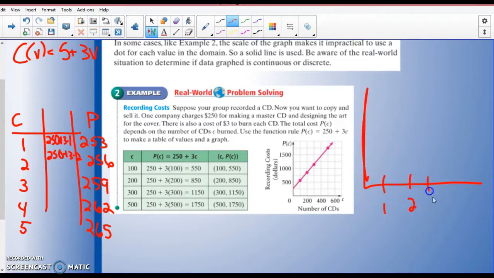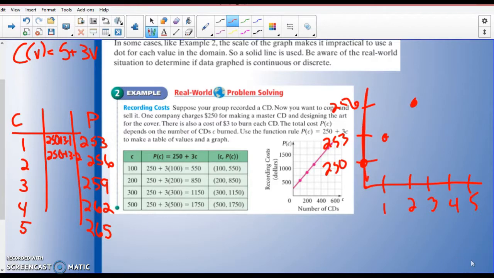Now, if I was doing 1, 2, 3, would it make sense that I would make the appropriate scale 1, 2, 3, 4, 5, and let's say that this is 250. So 0 is 250, 253. 1 CD is 253. 2 CDs is 256. That scale right here, I would do a discrete dot, dot, dot.